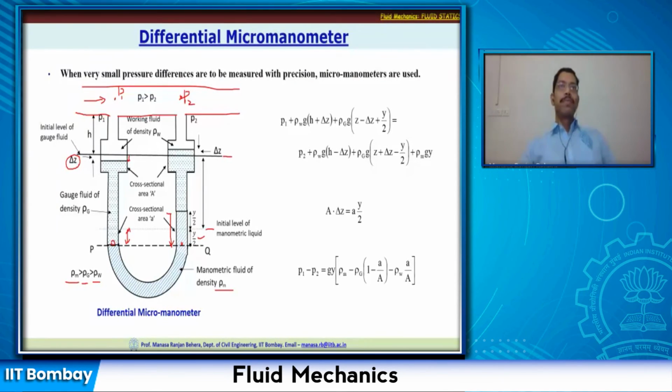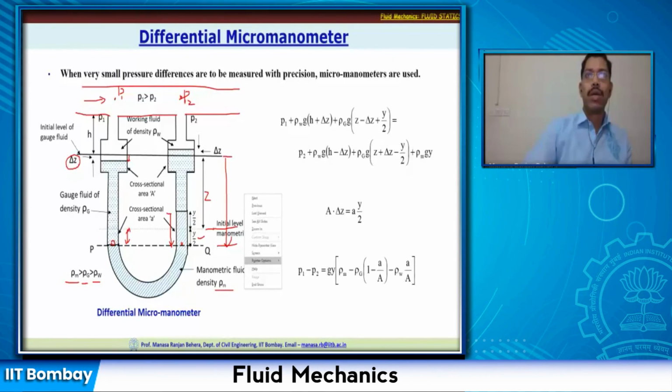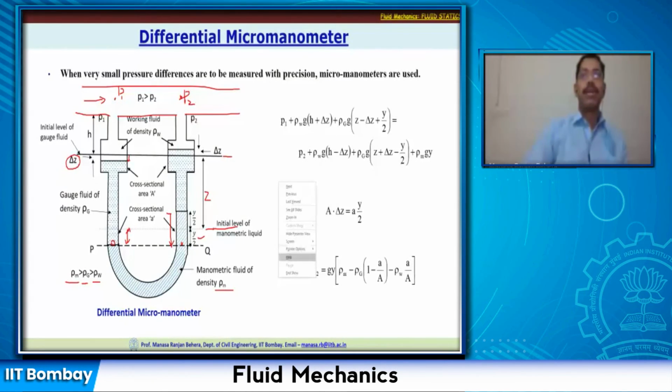Z is nothing but the value that you had in the beginning, which is possibly the measured value of Z. It is not shown, but Z is measured from this point, which is the initial position of your manometric liquid and the initial position of your gauge fluid.